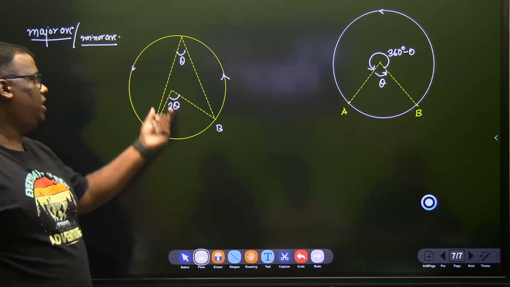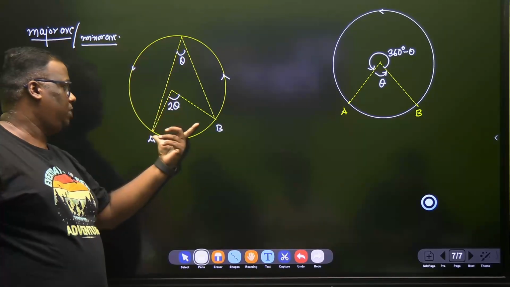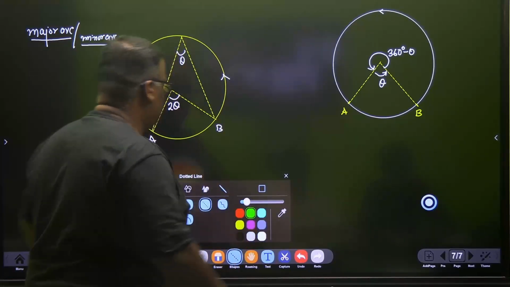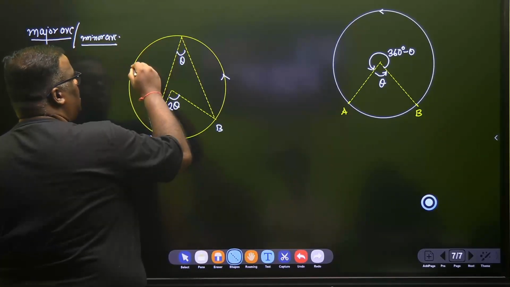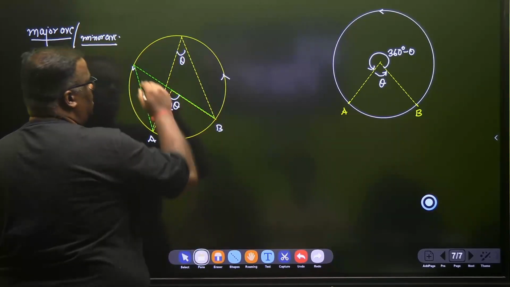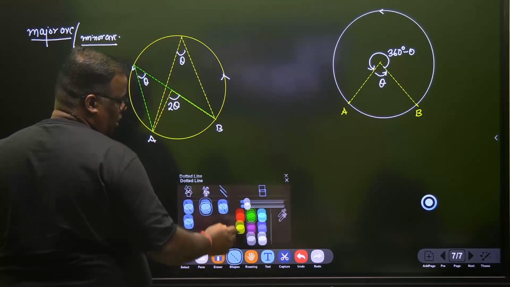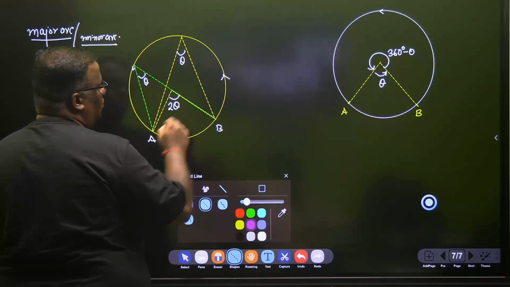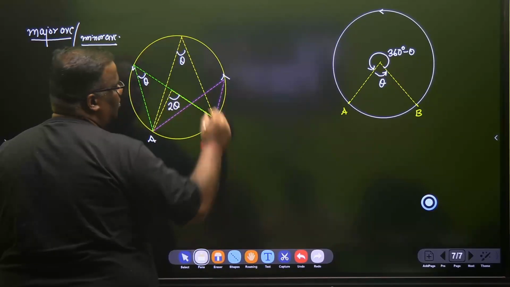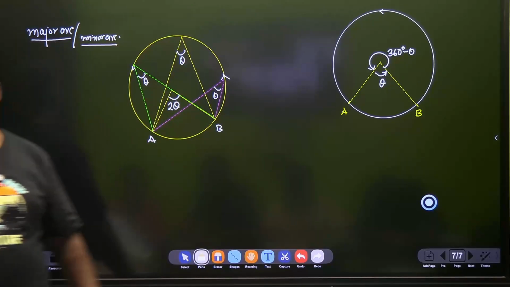The angle subtended by an arc at the center is twice the angle subtended by the same arc at any portion on the remaining part of the circle, which means it could have been here also. It could have been here also. Same. This also will be theta. Right? So sir, can we have some more angles? As many as you wish, as long as it is in the other portion. This also will be theta. Okay.